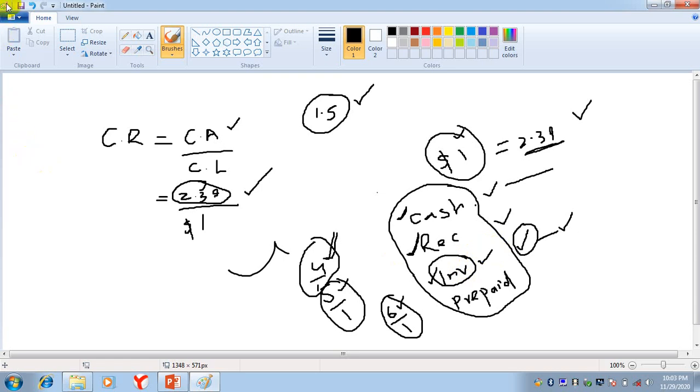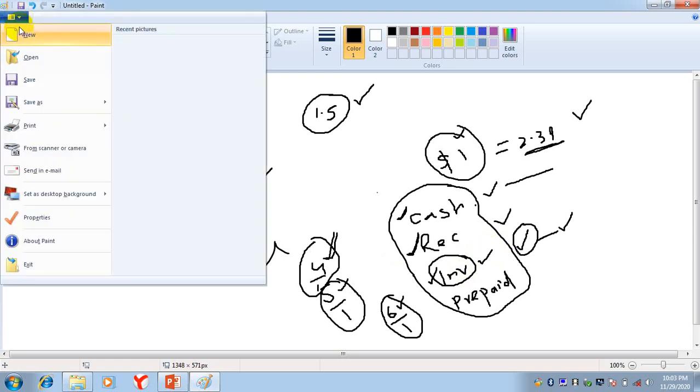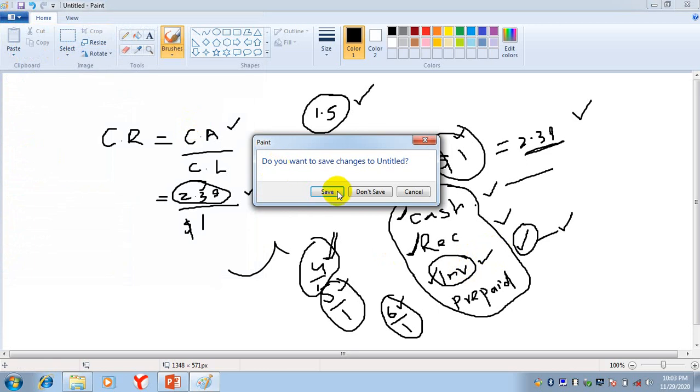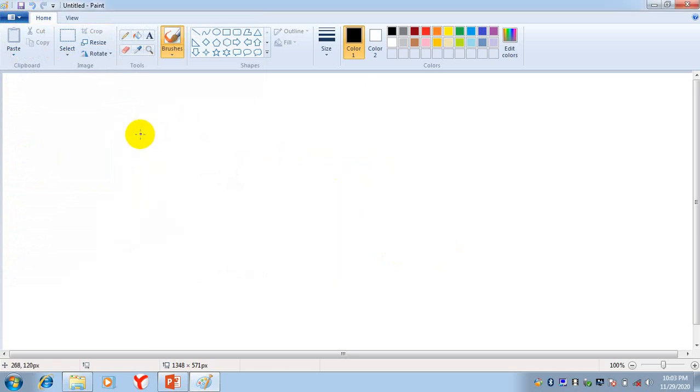So what will be our quick ratio? What will be the formula of the quick ratio? Quick ratio is equal to current assets.